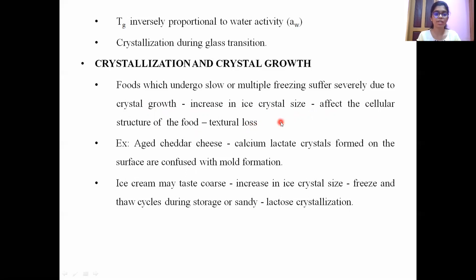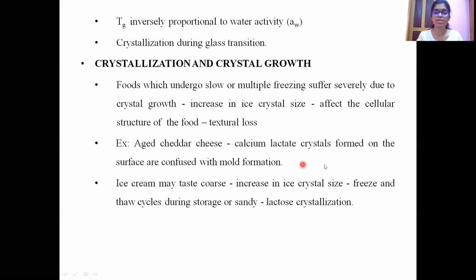An example of this is aged cheddar cheese, where the calcium lactate crystals formed on the surface are confused with mold formation, and hence the product gets rejected in the market. One other crystallization factor which affects product quality is ice cream taste, which may go sour due to the increase in crystal size.